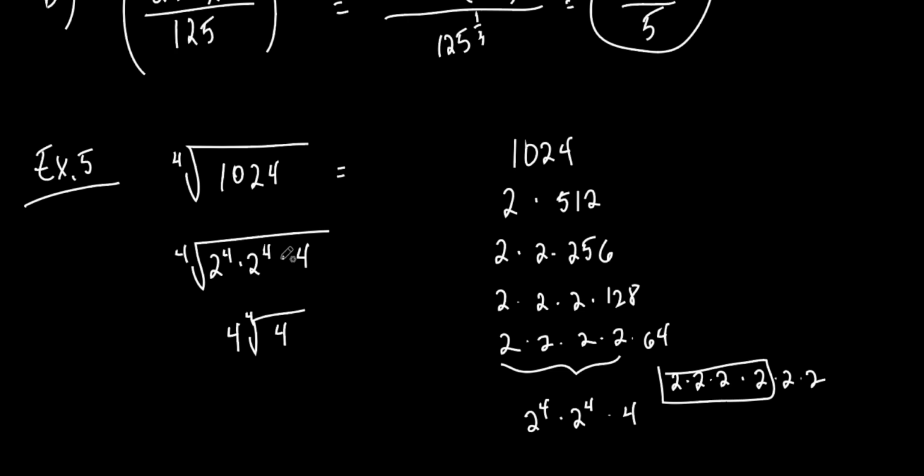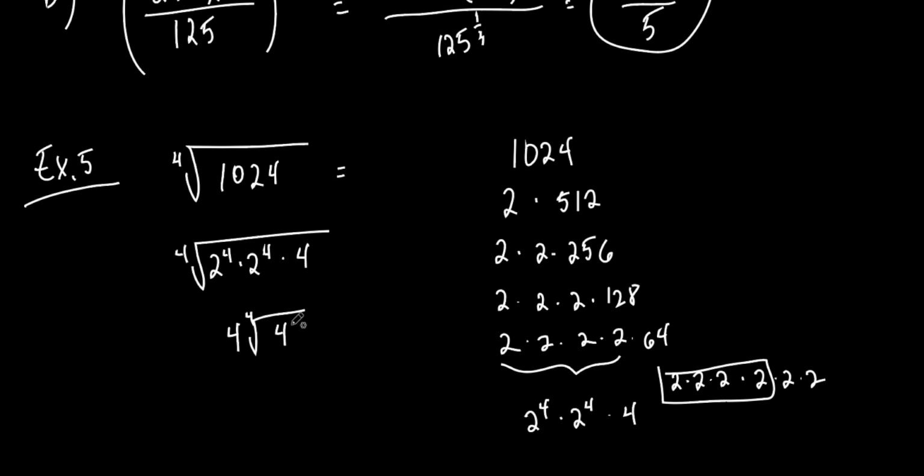What did I not do? They put 1024 as 2 to the 10th. There's 10 twos, right? There's 6 and there's 4.